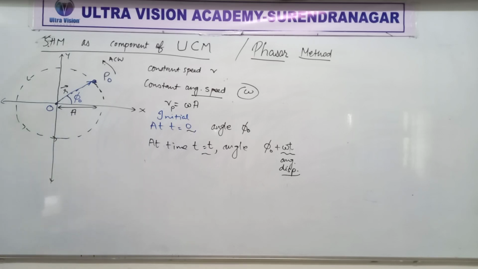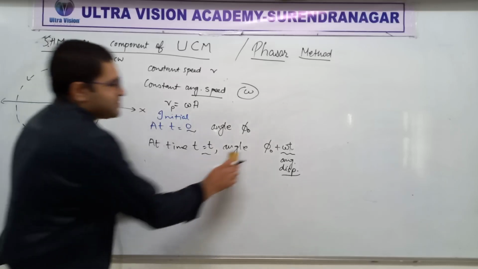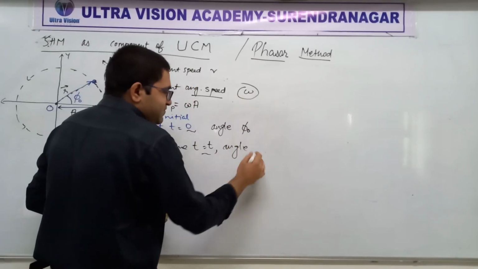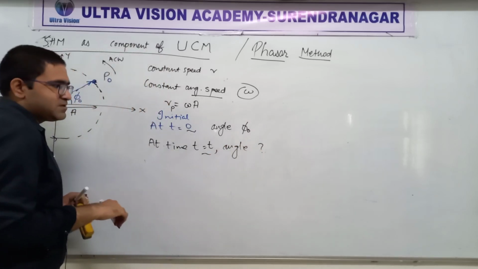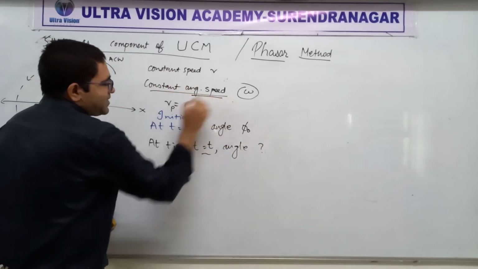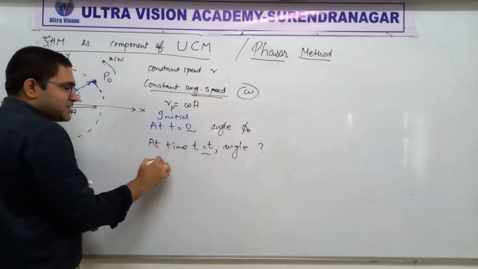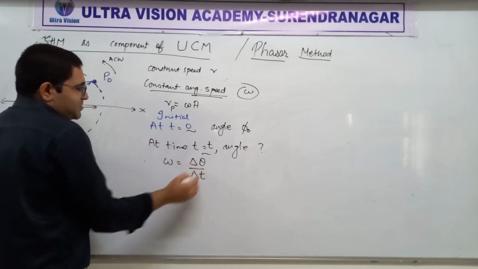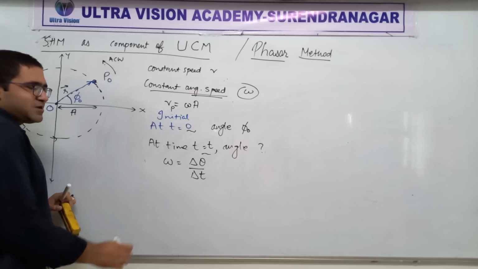If it's not clear, then I can go back a step and get it done. So here the angle is phi 0. Then here we have a question: how much is the angle? Because the angular speed is constant, I can use the relations of average. Is this fine, everybody? Omega equal to delta theta upon delta t.